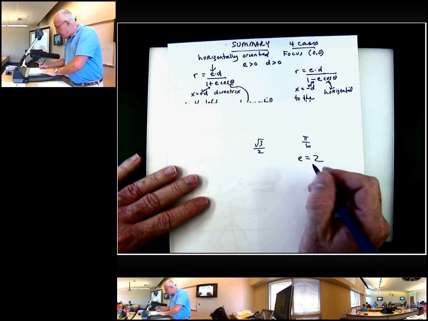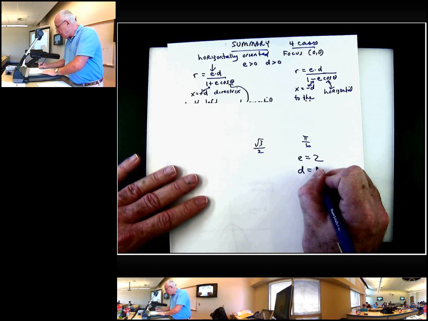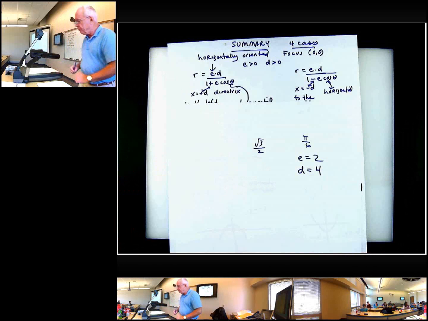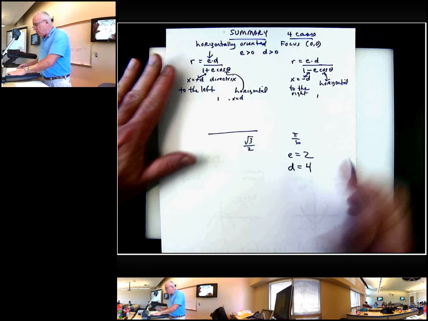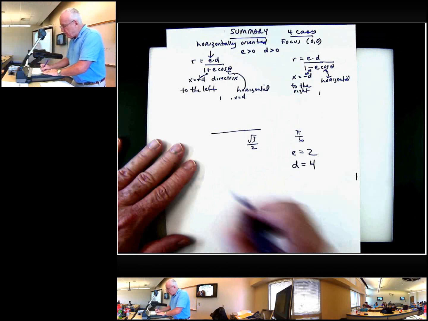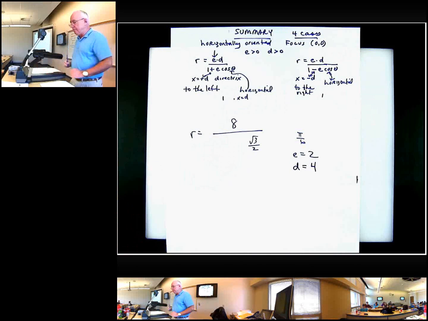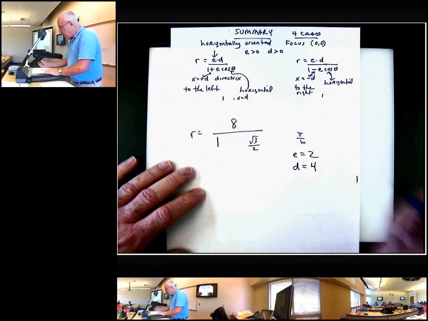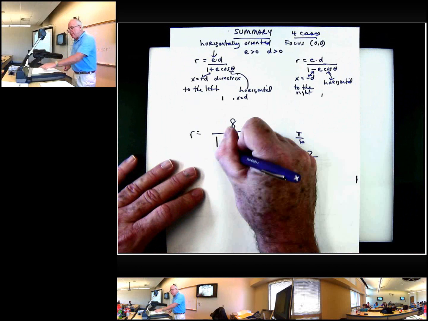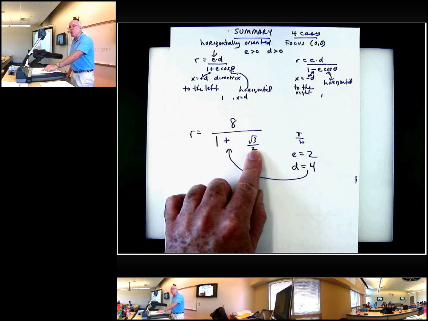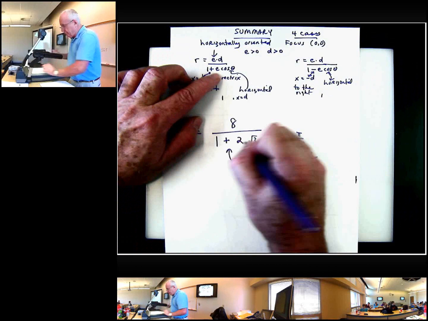And let's just say that our directrix is, I don't know, let's try 4. And let's just say that this is horizontally oriented. So here we have R is equal to E times D. So that's 2 times 4 is 8. And our directrix is positive, so it'll be a plus. And then, let's say for this particular angle, our cosine is square root of 3 over 2, but our E is equal to 2. All right?